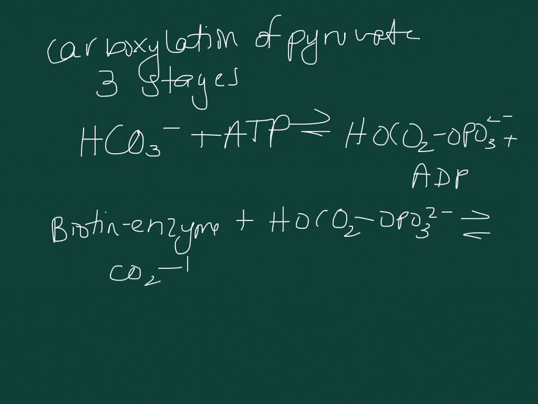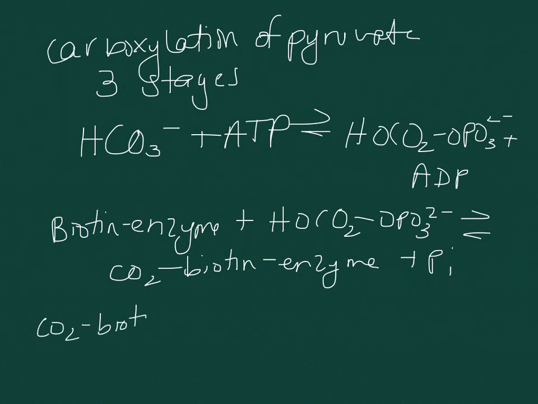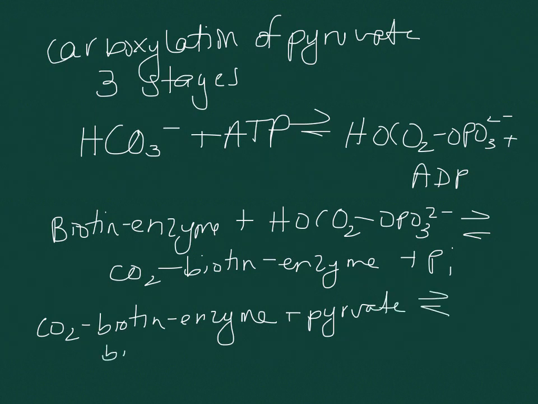We get our CO2-biotin attached to the enzyme, plus inorganic phosphate. In the final stage, we have the carboxylation of pyruvate, to give us the biotinylated enzyme again and our new oxaloacetate.